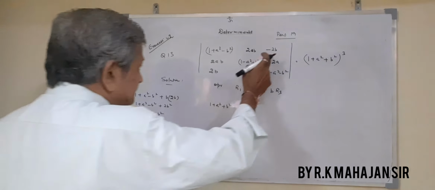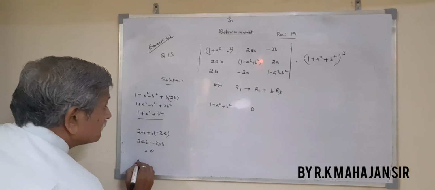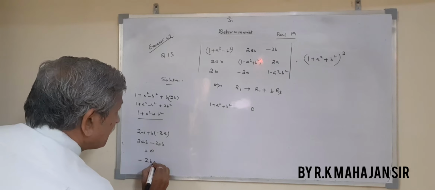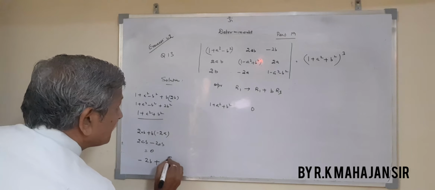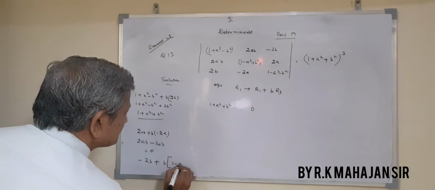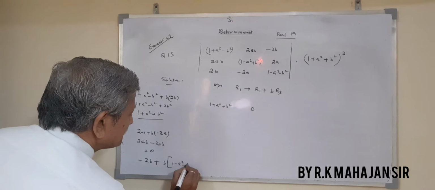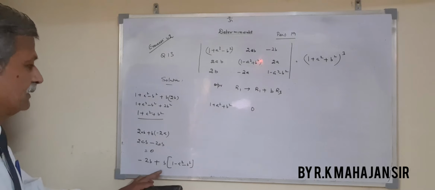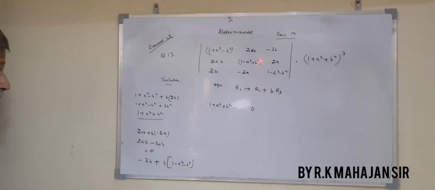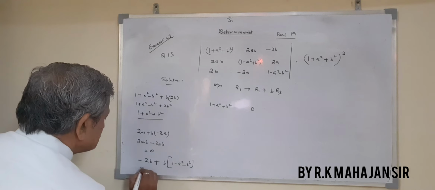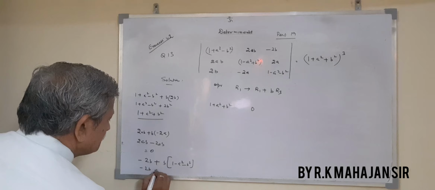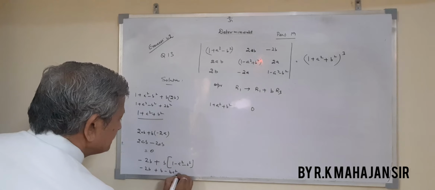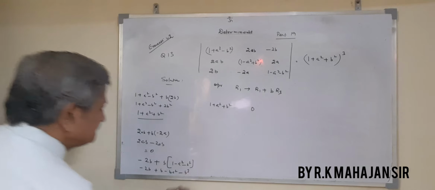Now in the third case, A13, minus 2b and plus b times your 1 minus a square minus b square. Now see what it will be. So this gives you minus 2b plus b minus b a square minus b cube.